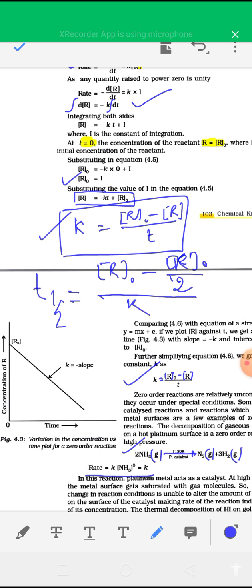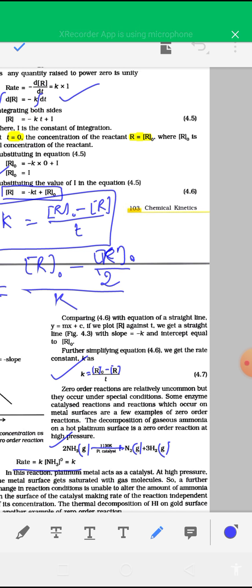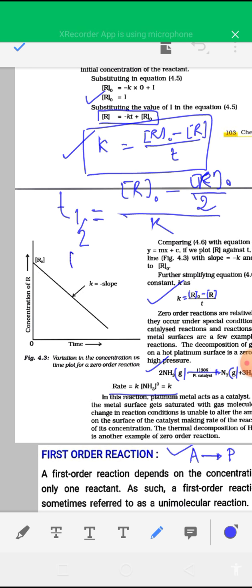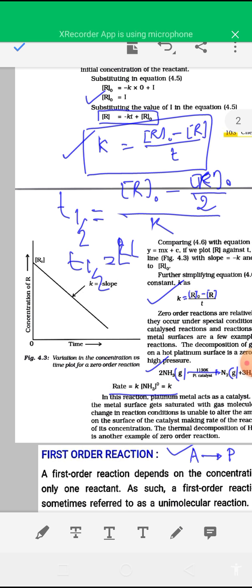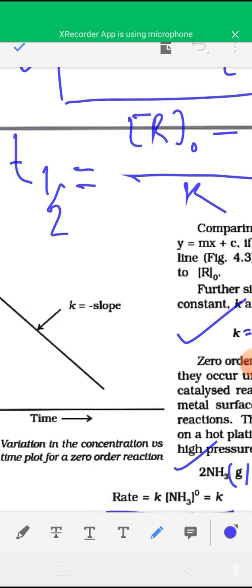So on further rearranging this equation, t half for zero order reaction becomes 2 R naught by 2K, that is t half is equal to R naught, the initial concentration of reactant, by 2K.